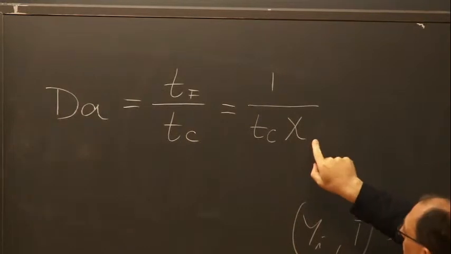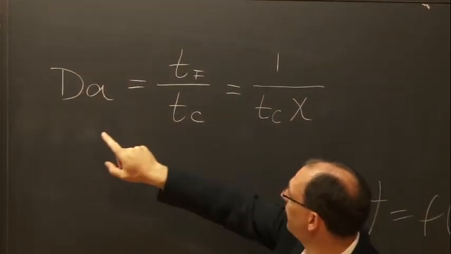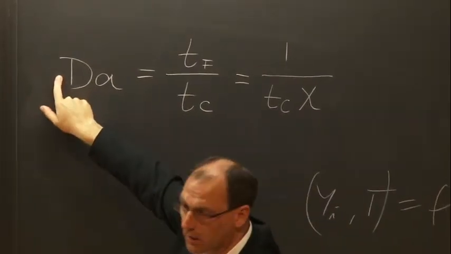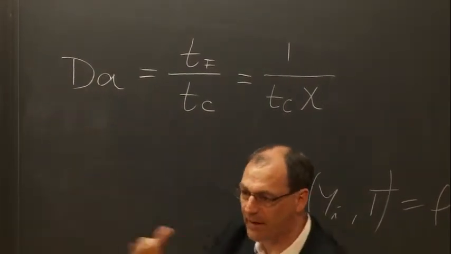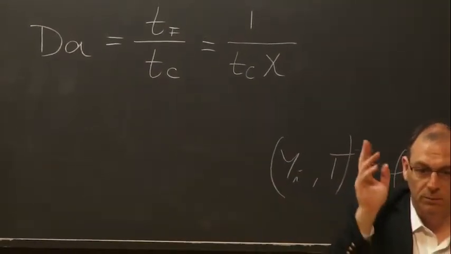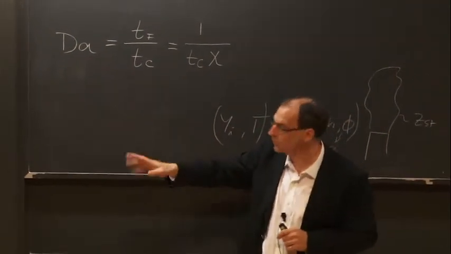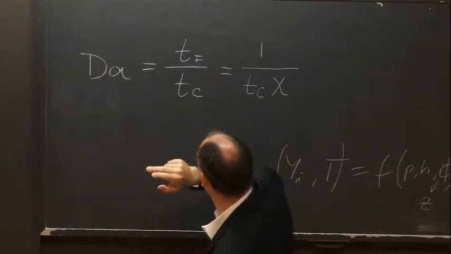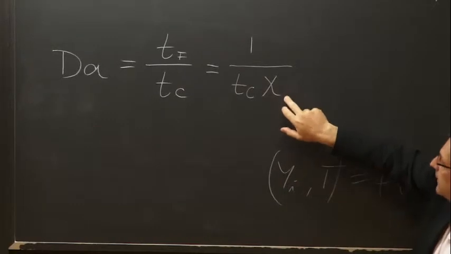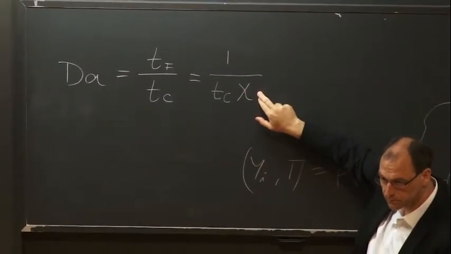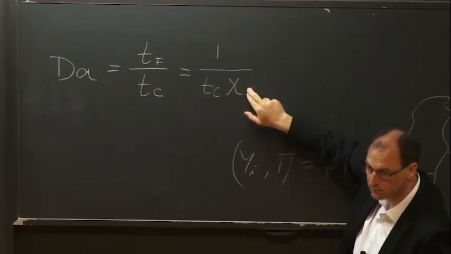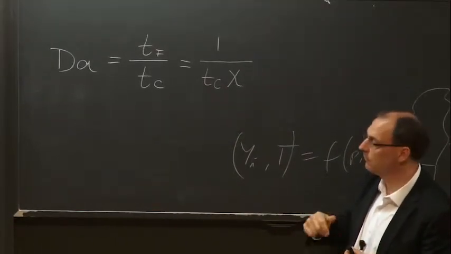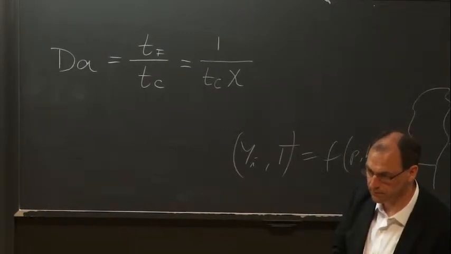So what you're saying is, fast chemistry would really be very large Damköhler number, because when we say fast or slow, we always mean compared with something else, right? So here we talk about the flow time scale. So large Damköhler number would mean very small dissipation rate, okay? Because if you have very slow mixing, then the chemistry is fast compared to that.